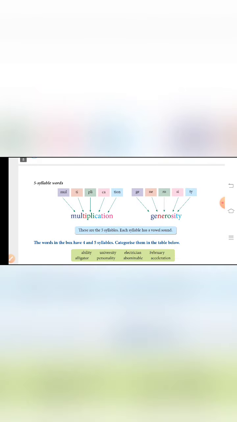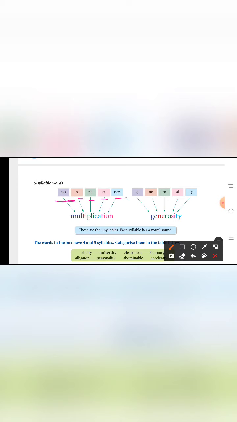So let's talk about the story, Being Neighborly. See, one more example is given on page number 9. Multiplication has 5 syllables, right?